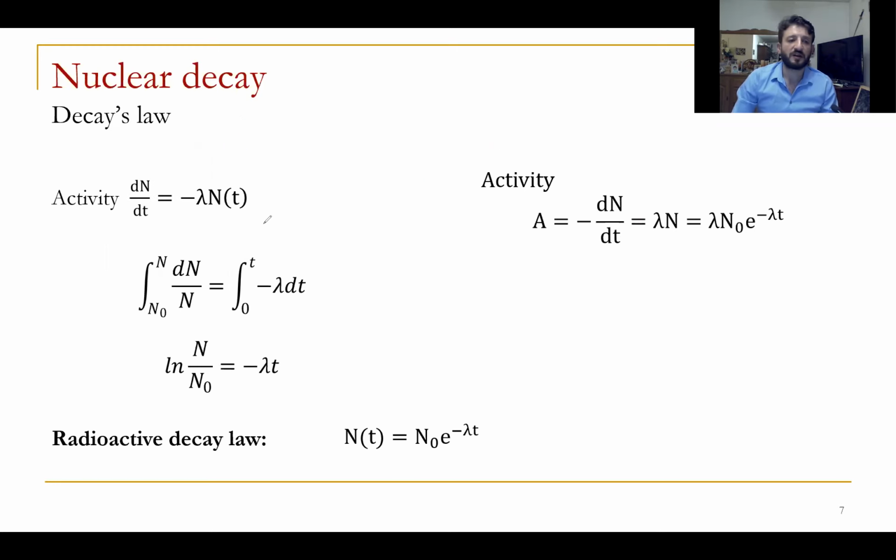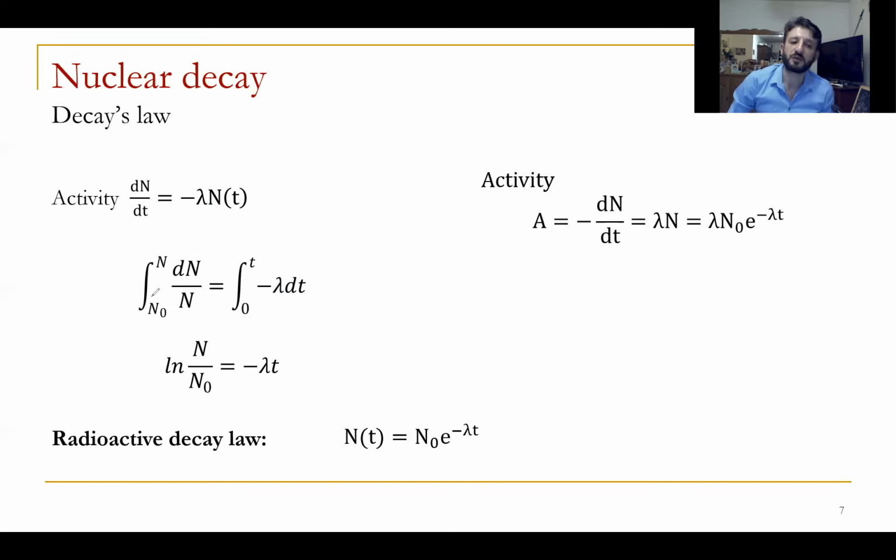Okay, so we can do the integration of each term like this. Here I put delta t and N down. We get delta N divided by N equals minus lambda delta t. We do the integration, this term in function of N and this one in function of t.